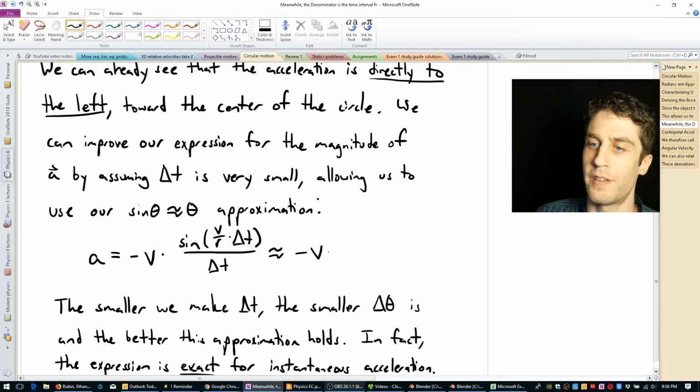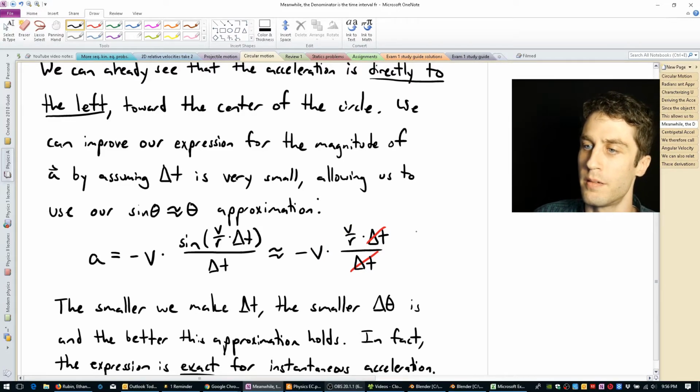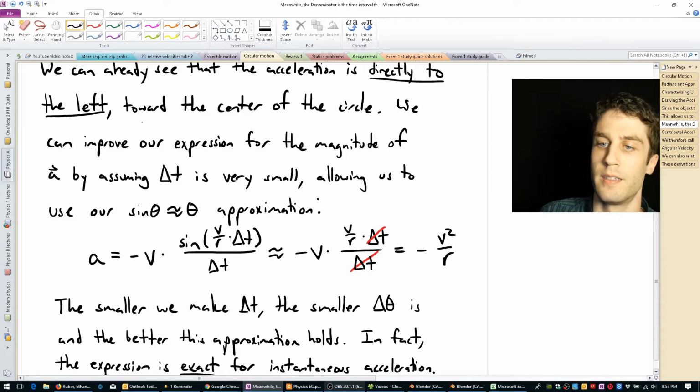And we get negative v times v over r times delta t, as long as we're working in radians, divided by delta t. Well, these delta t's are going to cancel, and we can join these v's up together. And so we'll get v squared over r.